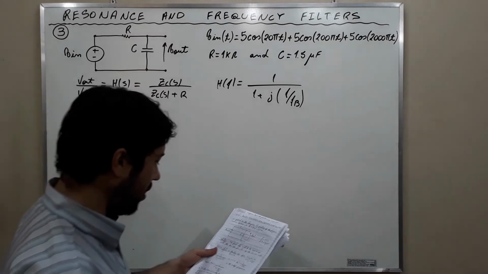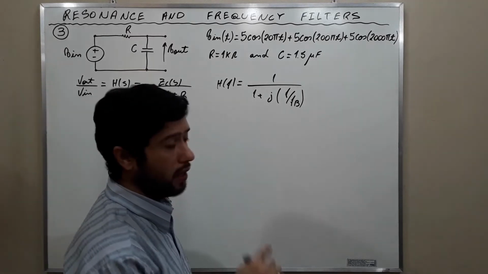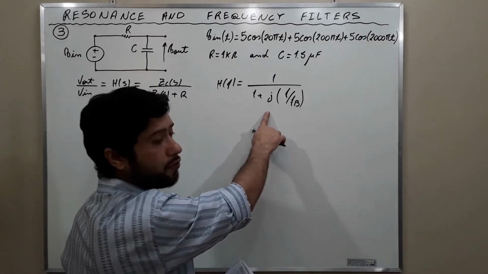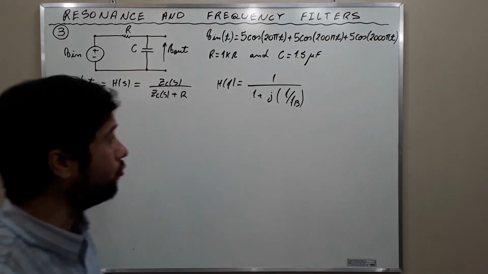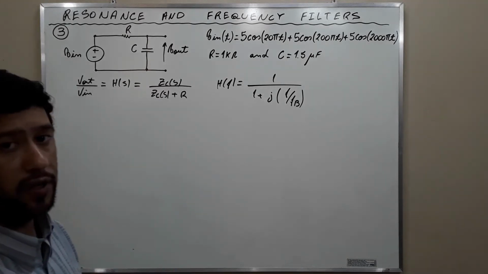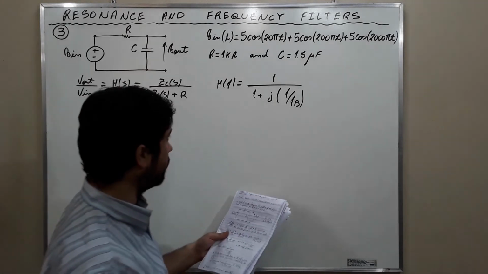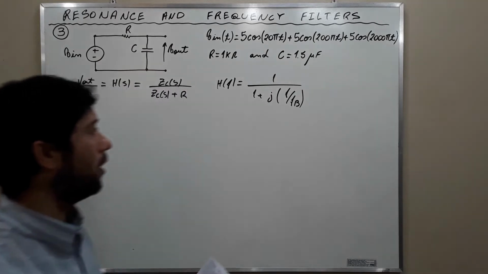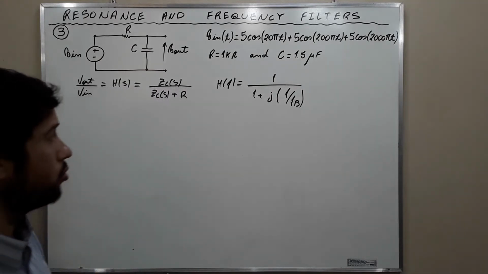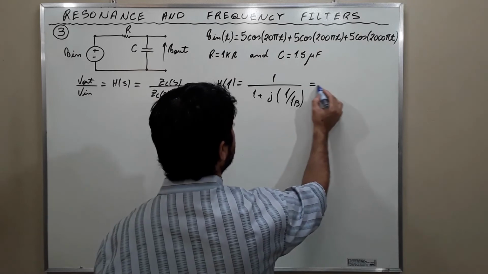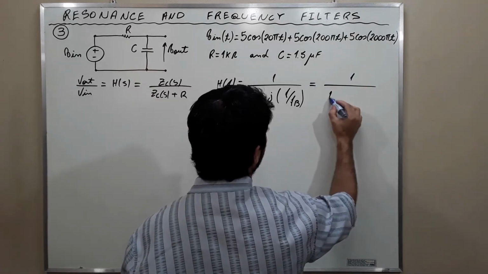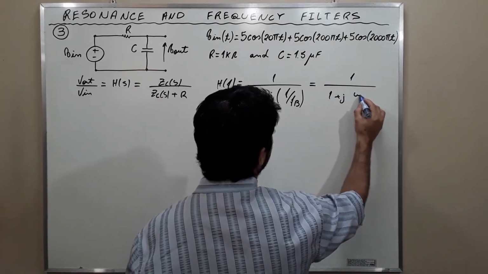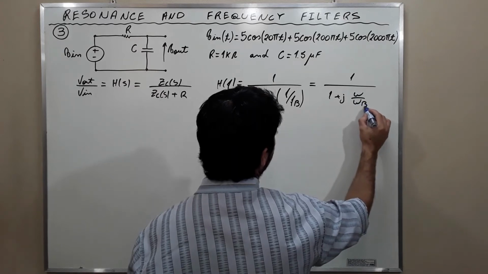This transfer function is also represented in the frequency domain. In some textbooks, you also find this transfer function in this way here: 1 plus j w over wb.